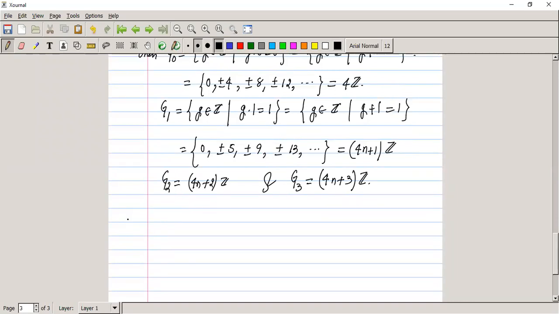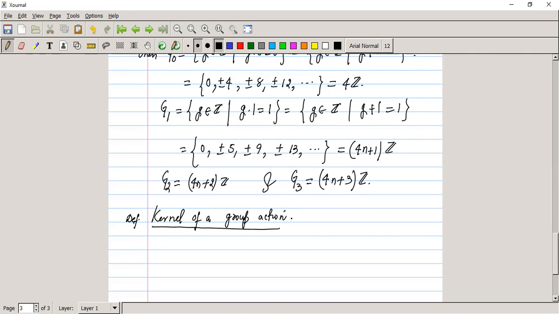Now we make one more definition here, that is the kernel of a group action.